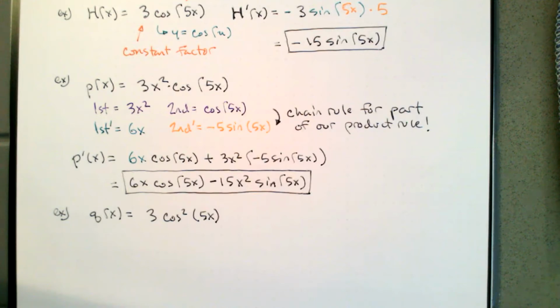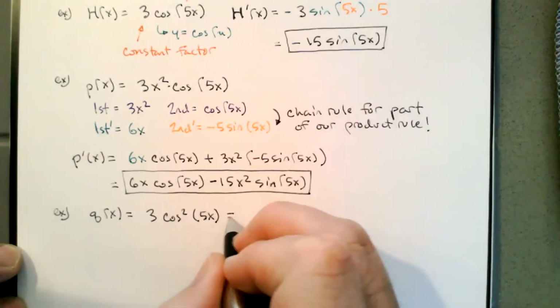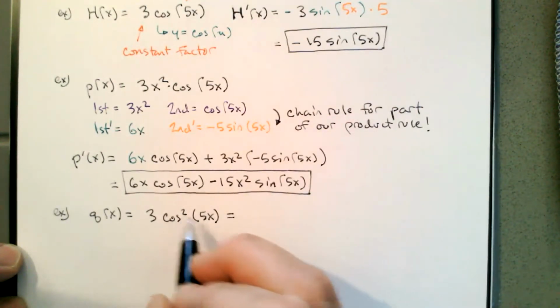So this is a big stack of chain rule. It's not even a big stack of chain rule. It's just 2 chain rules. We've got 5x inside a cosine and the cosine of 5x inside of a square. So we got to make sure that we read what we mean when we write cosine squared 5x.